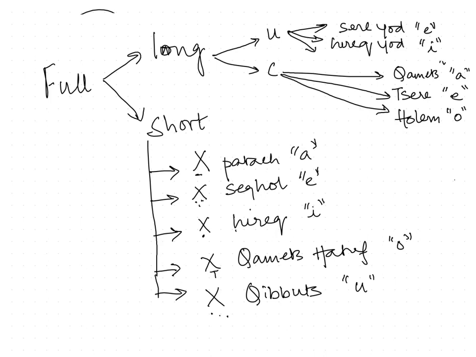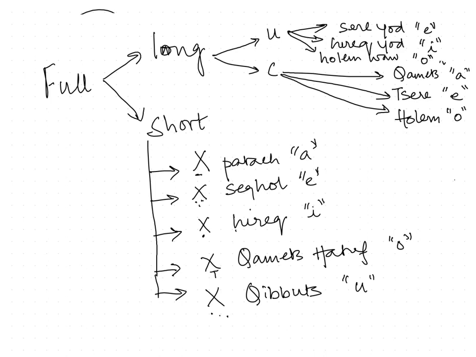And finally, do I have one in the O class? The answer is yes, it's a cholem vav, which belongs to the O category of vowels, producing the long O sound.